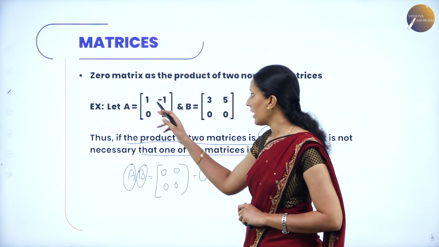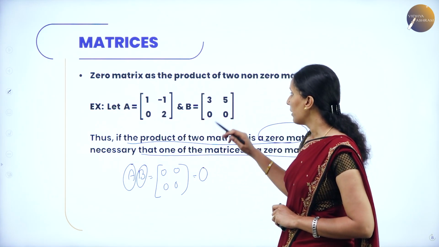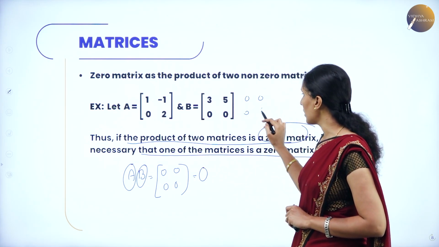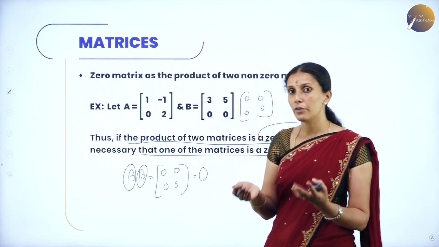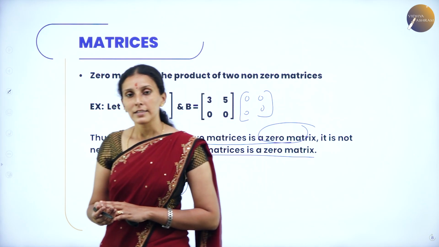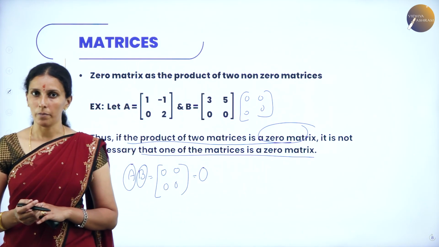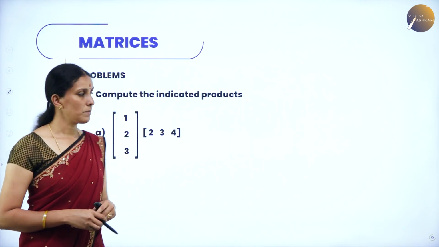That is, if A is 1 minus 1 0 2, then B cannot always be 0 0 0 0. It can be a non-zero matrix also, such that when you multiply them, the resultant matrix can become a zero matrix. So let's take a few problems now.